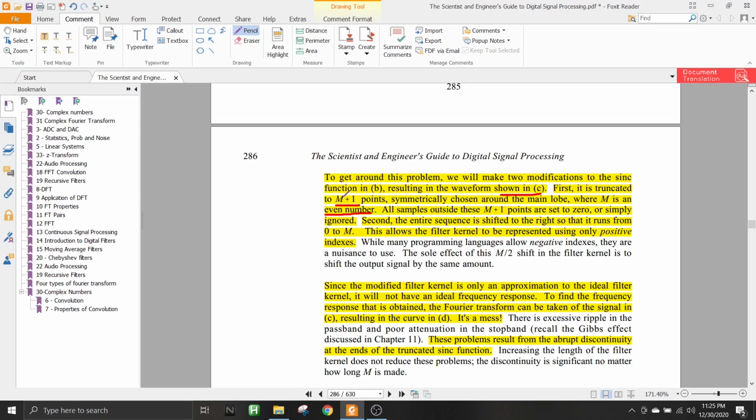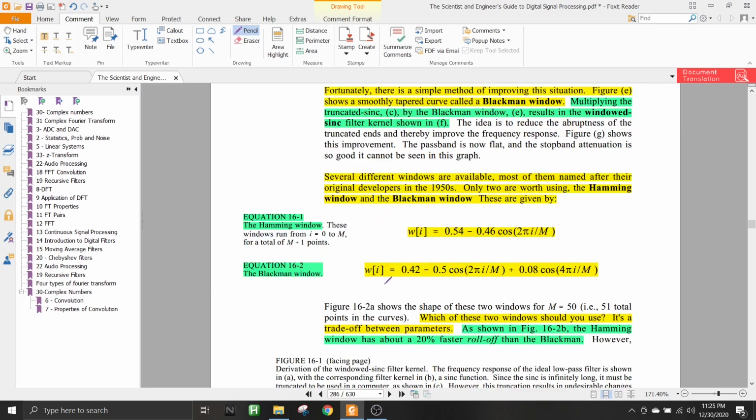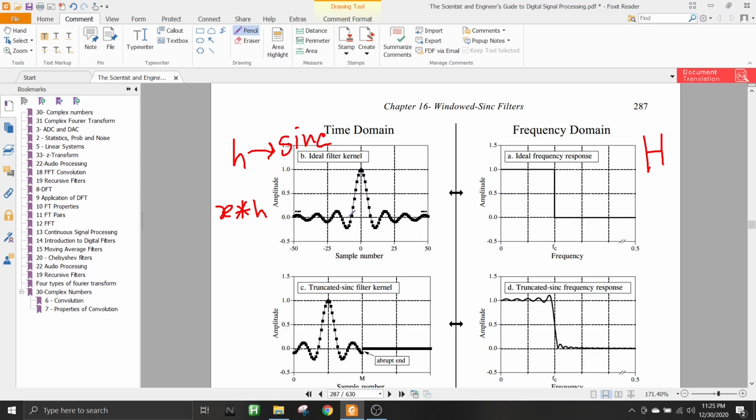If M is an arbitrary value like 7, it should be an even number, so say 8, plus 1 is 9, then we will get 9 points. These will be chosen symmetrically, not starting from the left, but starting from 0, the symmetry position.